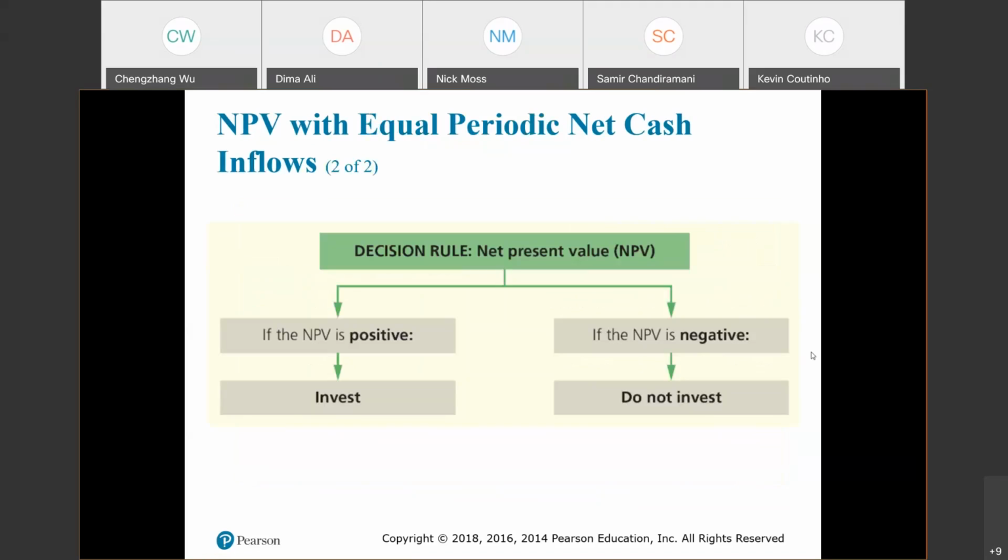So here is the decision logic tree for NPV. If the NPV is positive, we invest in these projects. Otherwise, if NPV is negative, we do not invest.